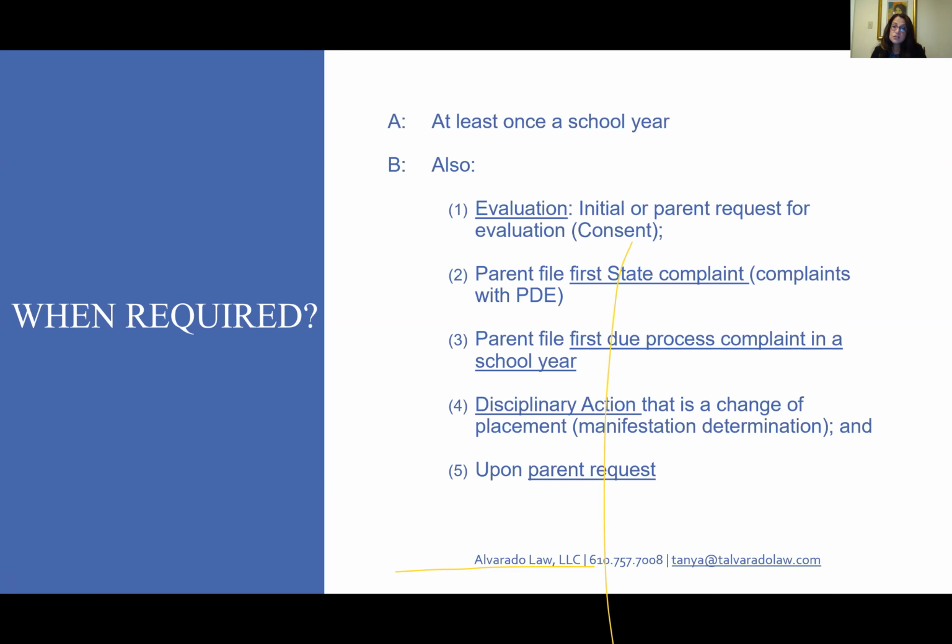When you file your due process complaint, you have to get it then also. If there are any disciplinary actions taken against your child that rise to the level of an exclusion from school, and we're going to get to that also. These are significant things that occur during your child's experience at school. You're supposed to get the procedural safeguards then. And anytime that the parent asks for it, the district is required to provide it for you.